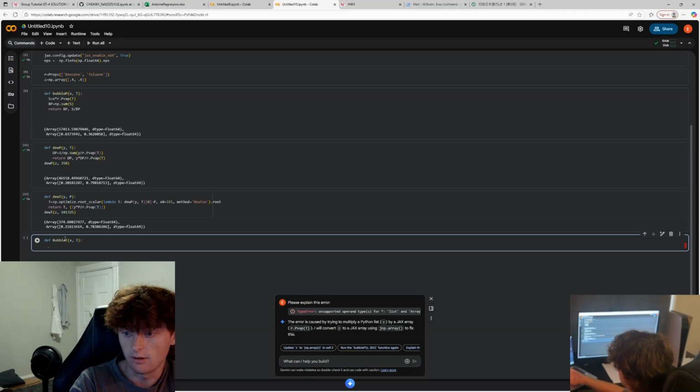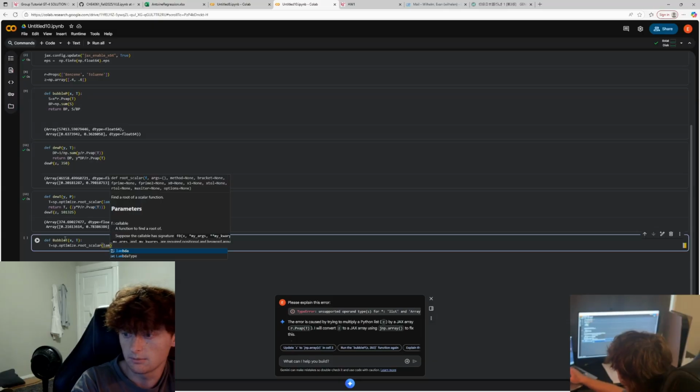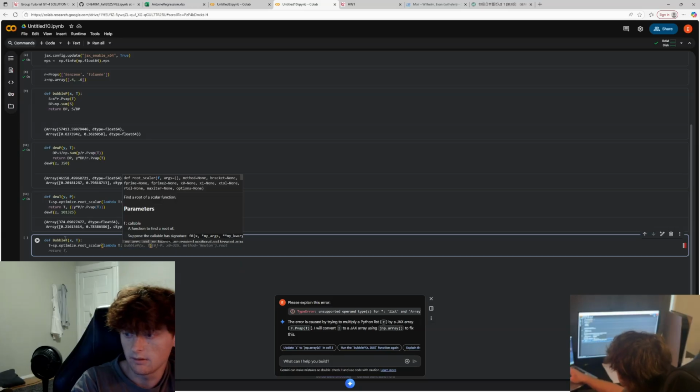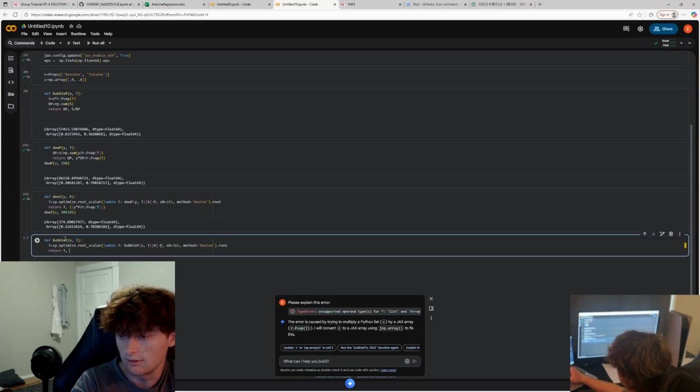So we do T equals sp.optimize.root_scalar, then lambda T, and return T.